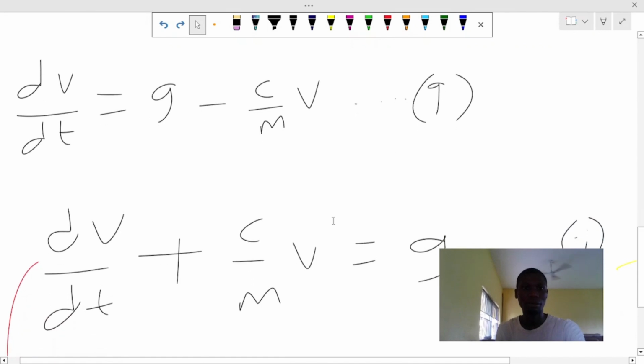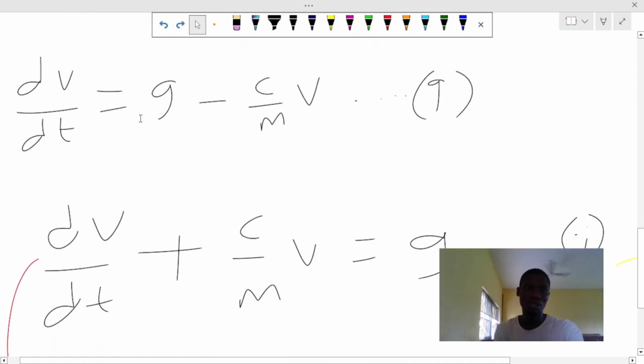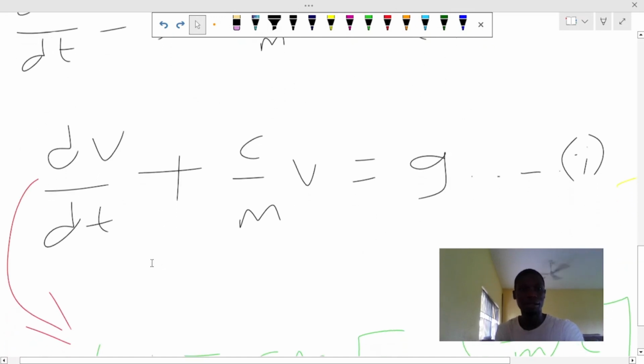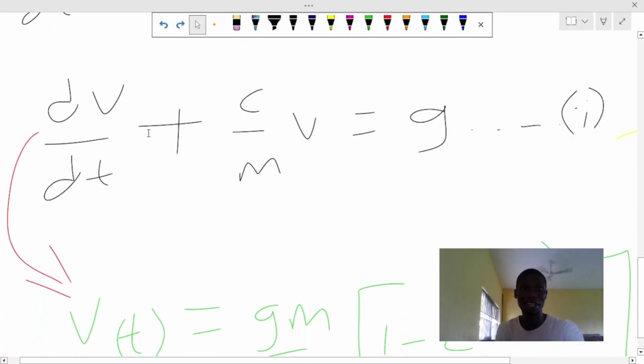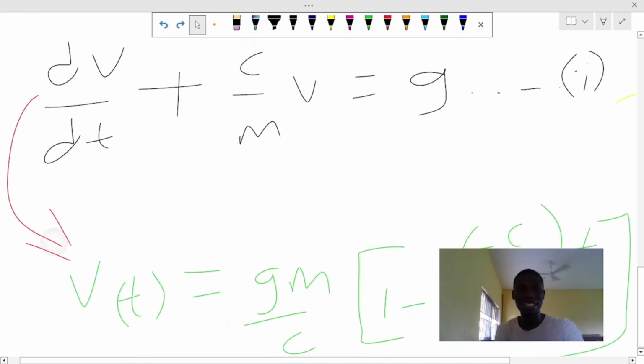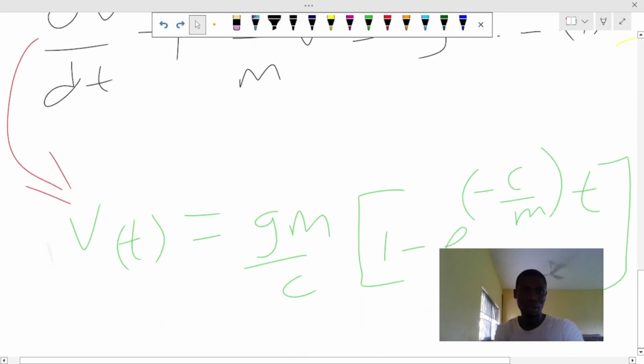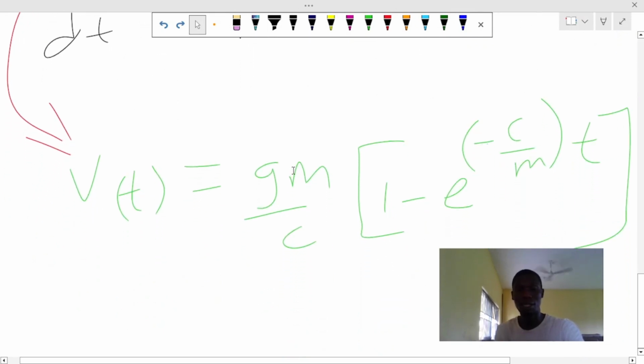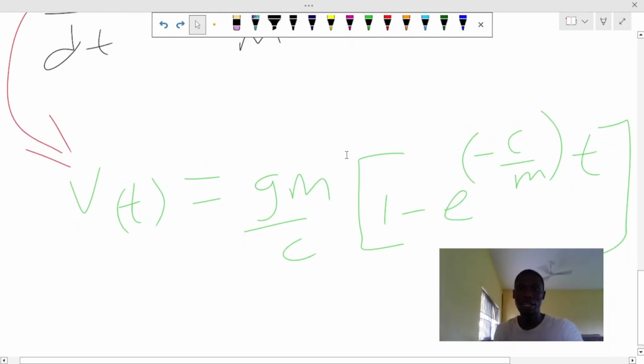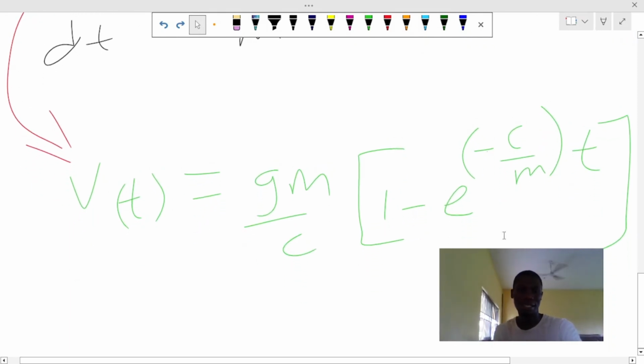Then changing the subject so that g is on its own, you arrive at a differential equation in which you can get the terminal velocity using the method of integrating factor, with the boundary conditions v equals 0 and t equals 0.